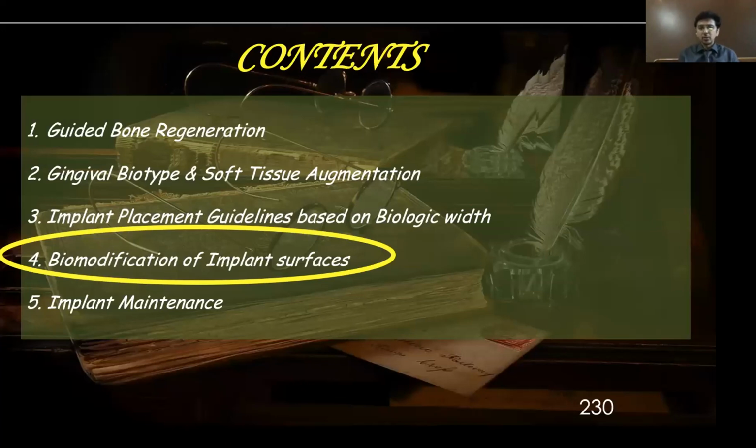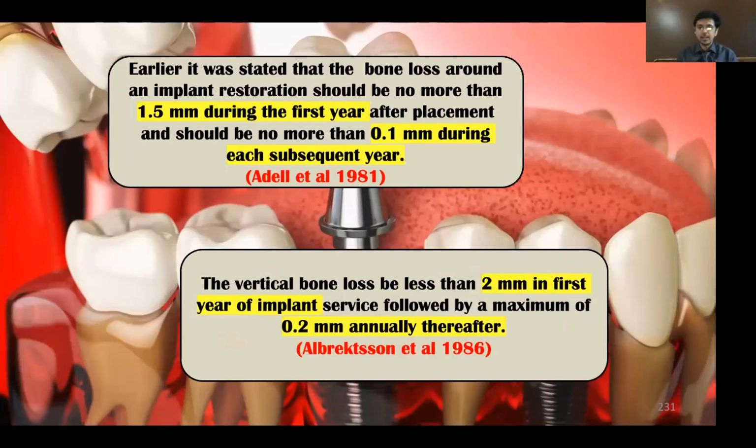Meaning, under normal circumstances, it has been seen that initially, these were the pioneer studies, Adell and Albrektsson et al. What they realized was that some amount of bone loss is there, which is maximum in the first year. One person said it was 1.5, other person said it was as much as 2 millimeter. And then later on, it tends to reduce in subsequent years. But initial years, it is the maximum because the implant tries to regain the biologic width also.